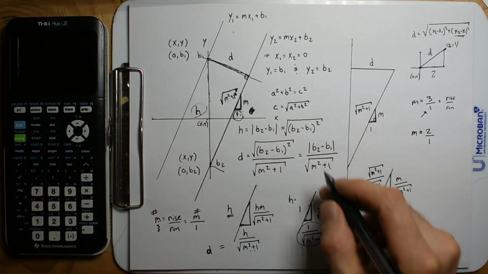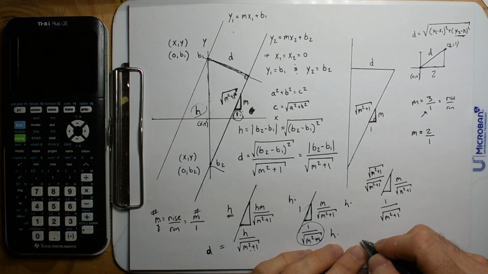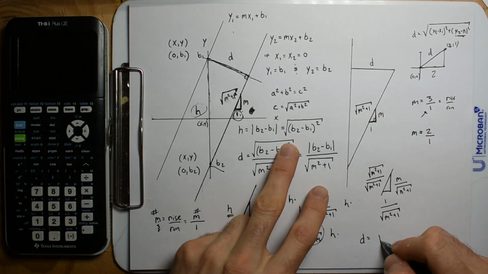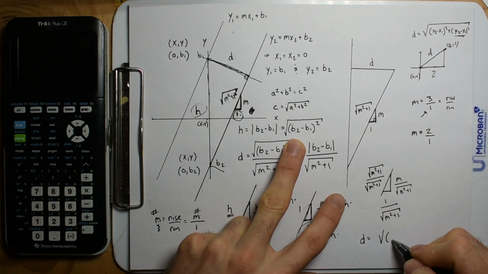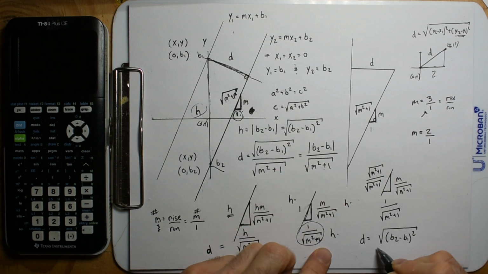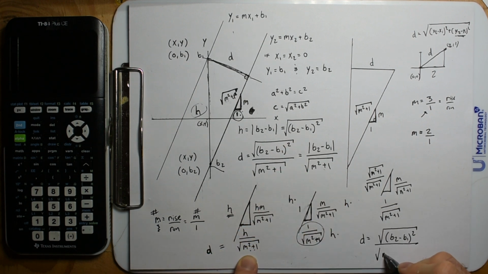So that's how I'm going to write the distance between two lines: the absolute value, the square root of b2 squared minus b1 squared, and then we're going to divide it by the square root of m squared plus 1.